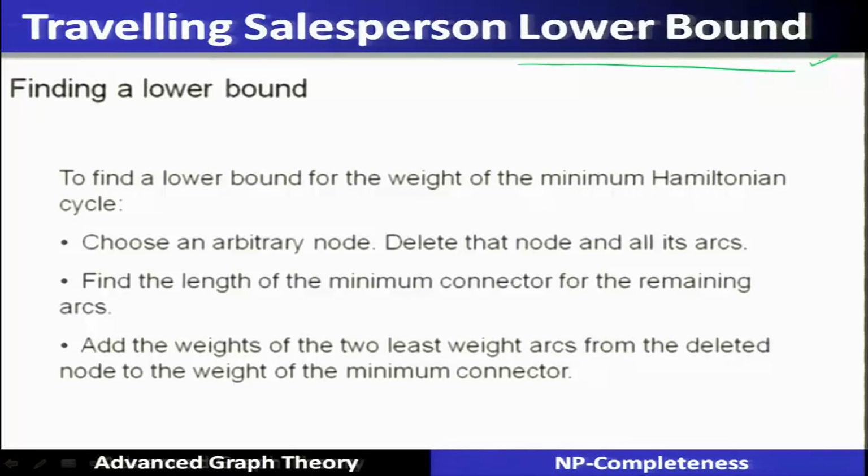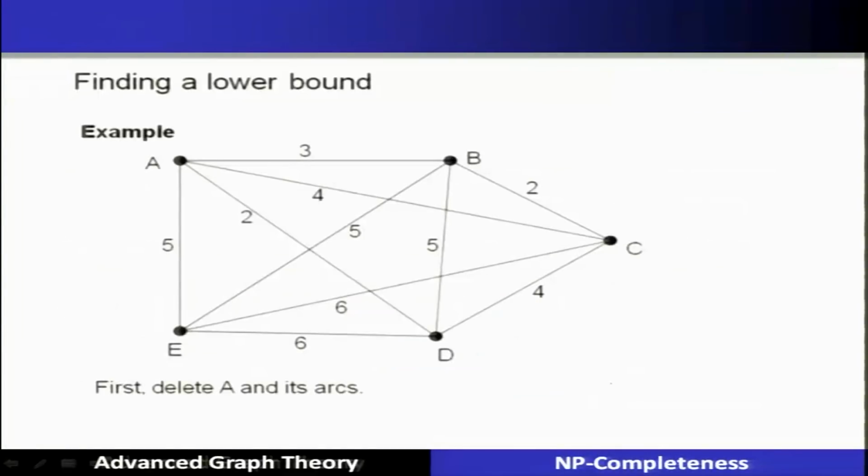Then we find the length of the minimum connector for the remaining arcs, and we will use any minimum spanning tree algorithm for it, either Prim's algorithm. And once the tree is constructed, we will add the two arcs with the least weights from the deleted node to the minimum spanning tree which we have obtained, and that will be the lower bound.